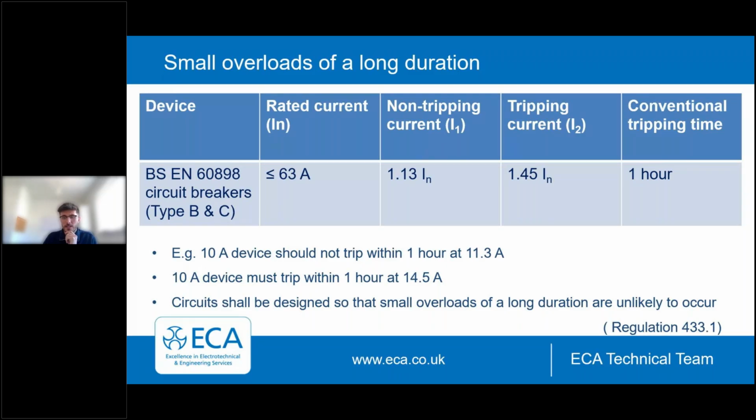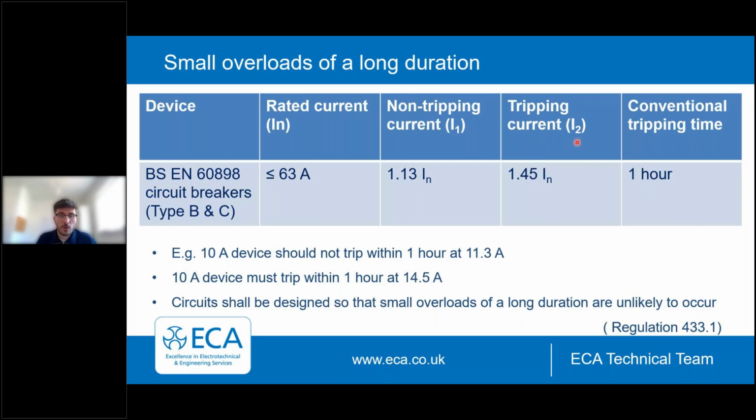In this case, the non-tripping current is 1.13 times the rating of the circuit breaker. What this means is that the circuit breaker should not operate at this level, 1.13 times its rating, within the conventional time, and in this example, the conventional time is 1 hour.